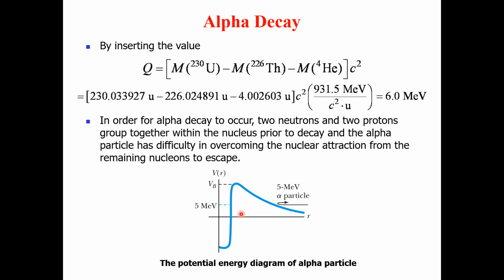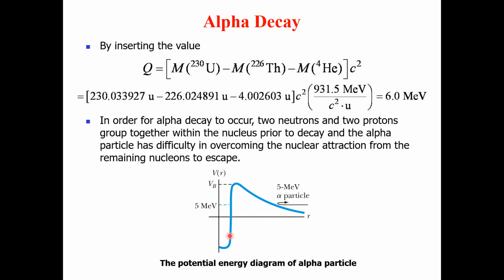Inside the nucleus we have other particles as well, the protons and the neutrons, and those particles also have attraction on the alpha particle. This is why we say that for alpha decay to occur, two neutrons and two protons group together within the nucleus prior to decay, and the alpha particle has difficulty overcoming the nuclear attraction from the remaining nucleons to escape.